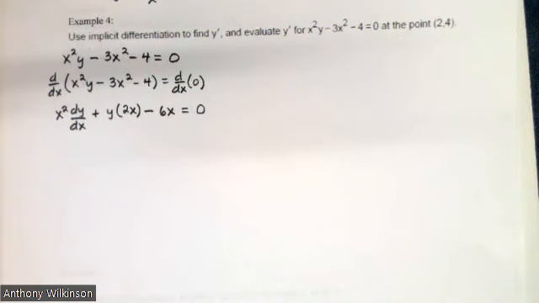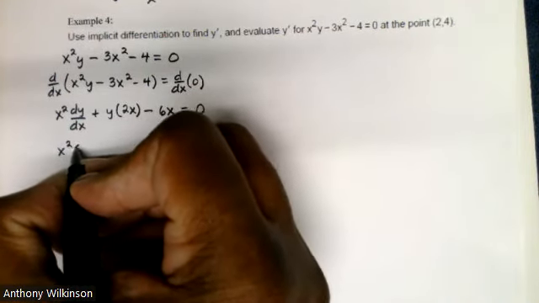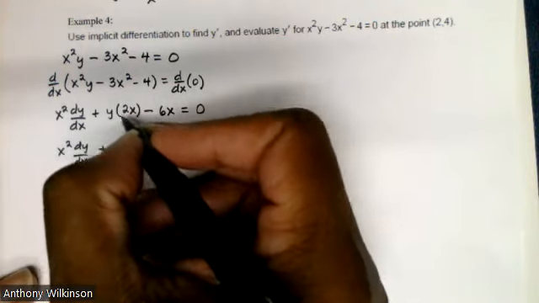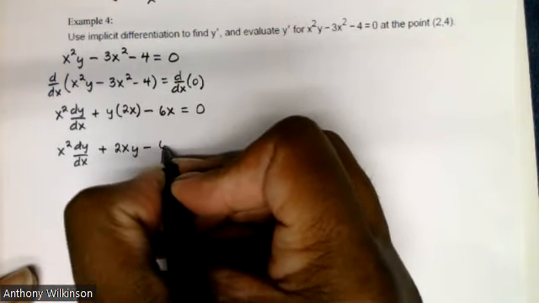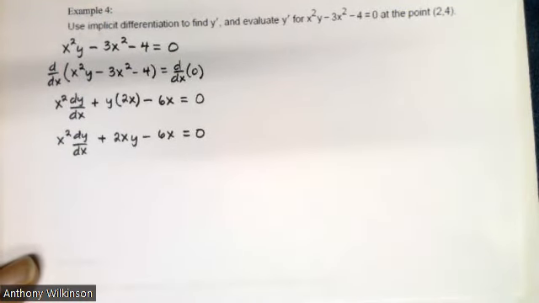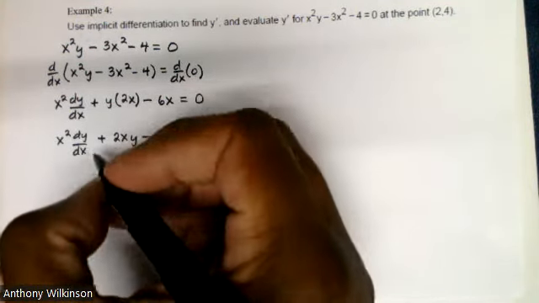All right, now if I clean this up just a little bit, I'm going to have x squared dy/dx plus y times 2x would just be 2xy minus 6x is equal to 0. And then I'm going to get dy/dx by itself. I'm going to move the 2xy and the minus 6x over to the other side.